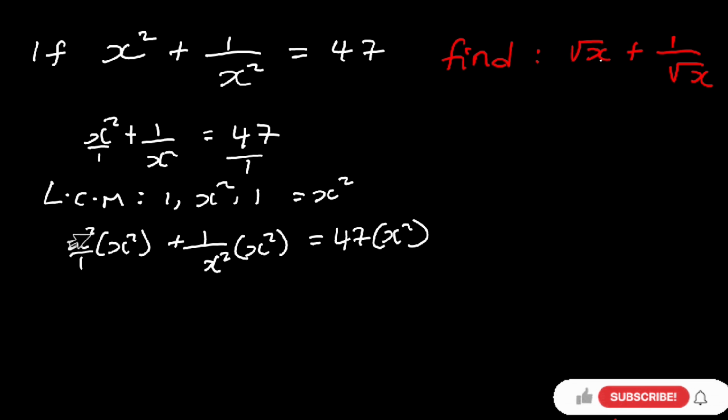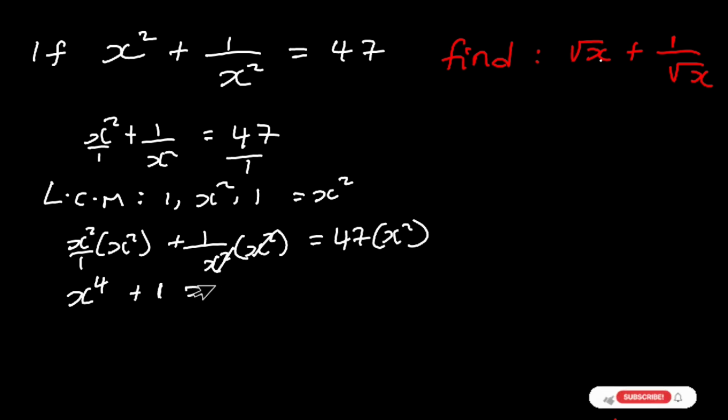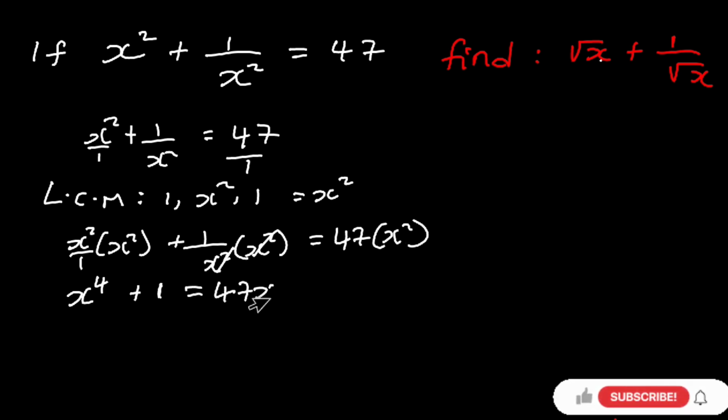So x squared multiplied by x squared is going to be x exponent 4, then plus, this x squared and this x squared cancel, so I'm left with 1 here, then equal to 47 multiplied by x squared, which gives us 47x squared.